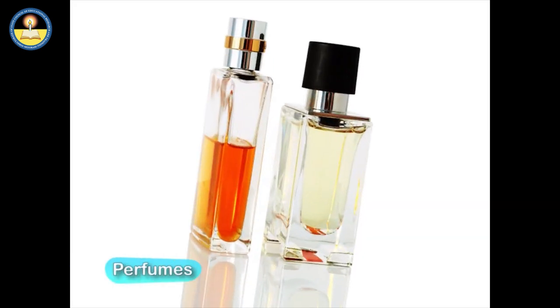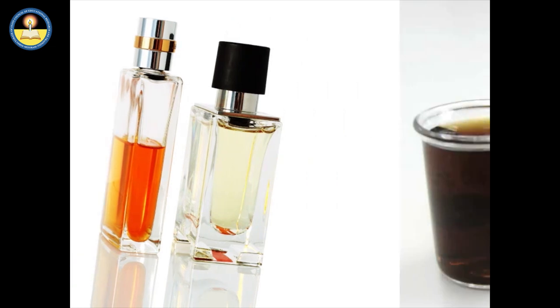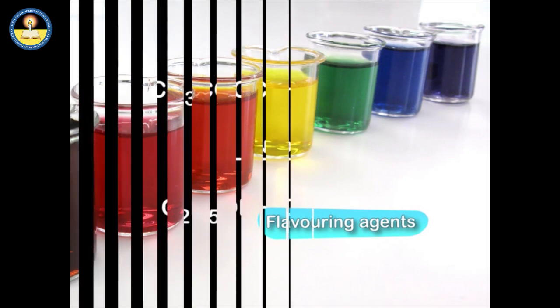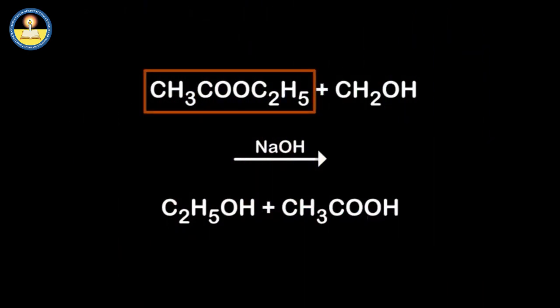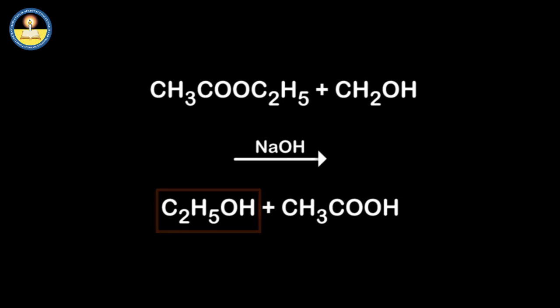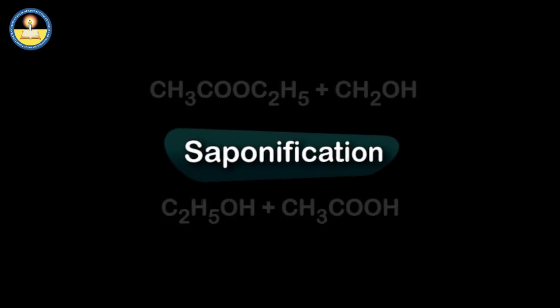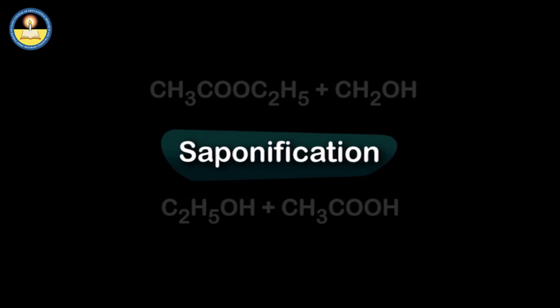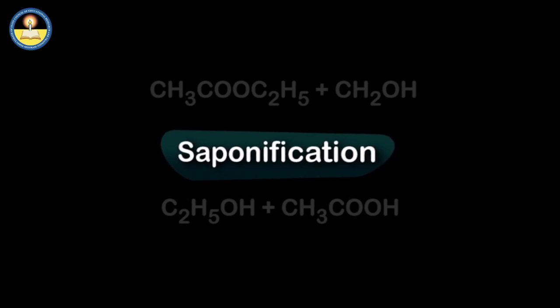These are used in making perfumes and as flavoring agents. Esters react in the presence of an acid or a base to give back the alcohol and carboxylic acid. This reaction is known as saponification because it is used in the preparation of soaps.